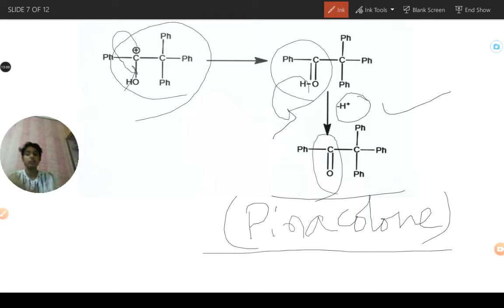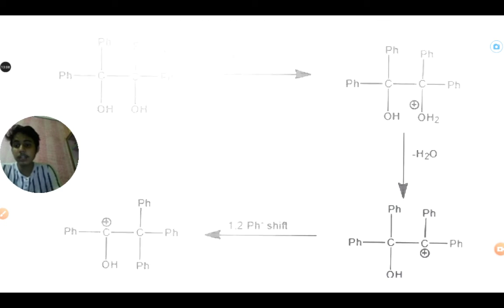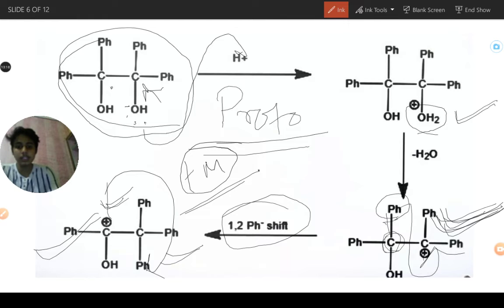First of all, I am going to say something about the migration shift. Before saying that, we also know which is the rate determining step. See, here the 1,2 phenyl shift will occur very slowly. So the slow reaction is known as the rate determining step. So the rate determining step of the pinacol and pinacolone reaction is this.